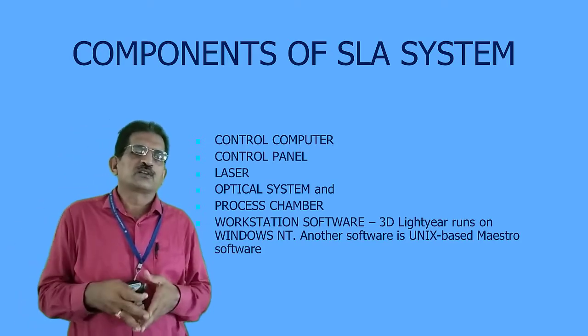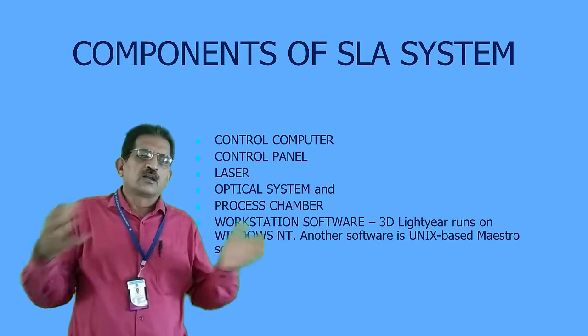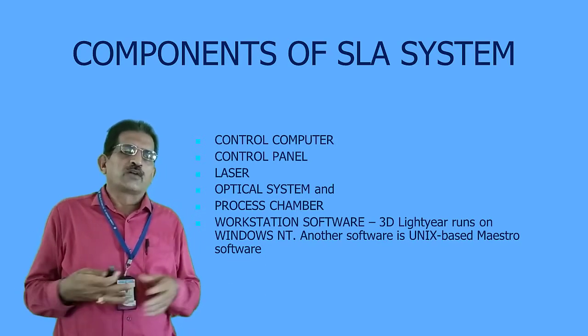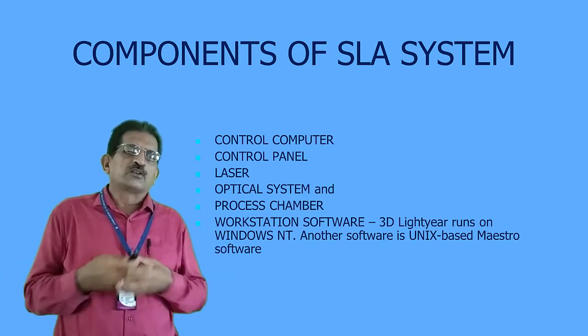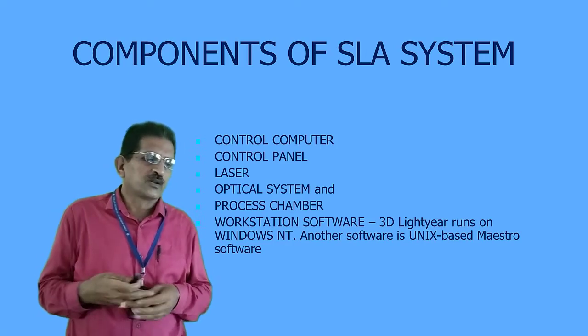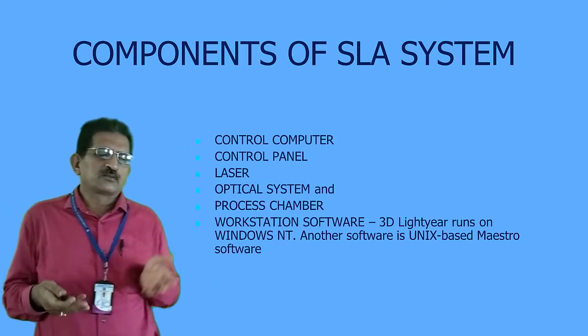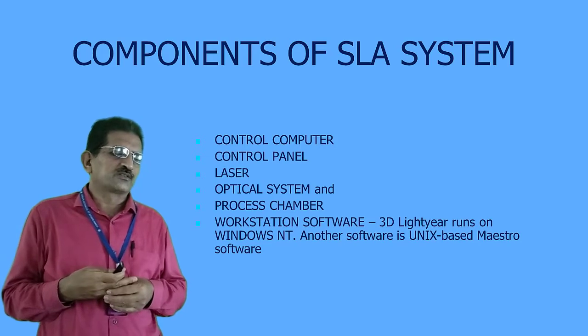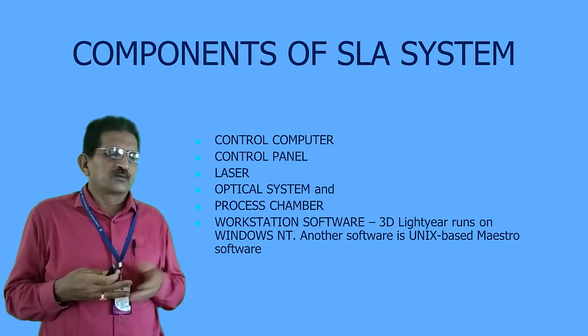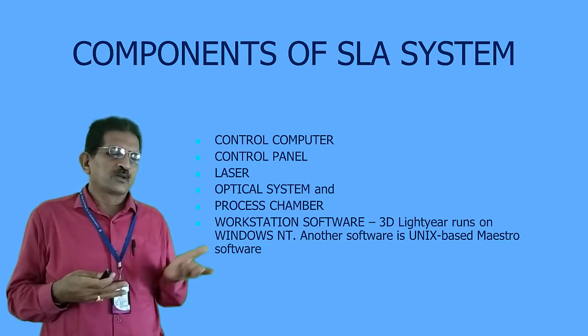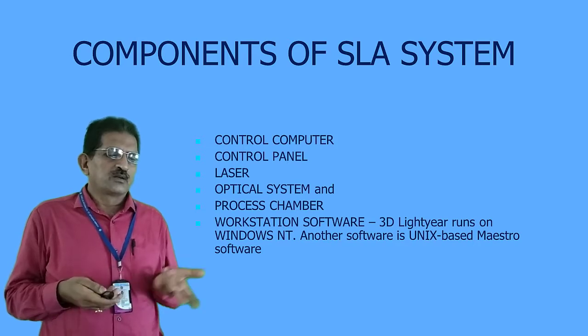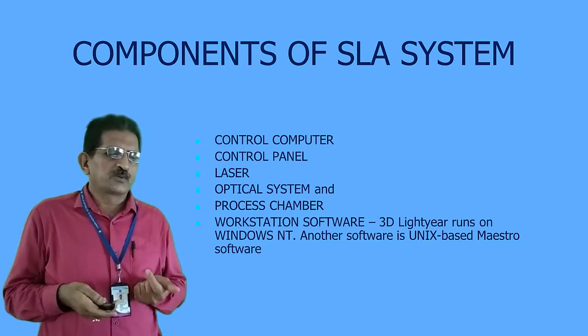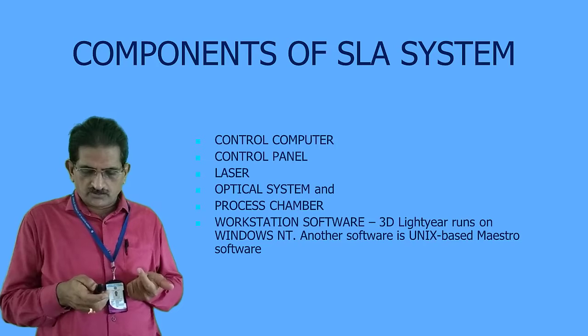Because this process is inside, we have an ultraviolet laser, and a high vacuum is needed inside the process chamber. And of course we need software, the complete 3D Systems software, which runs on Windows NT, and another Unix-based master software is also available.